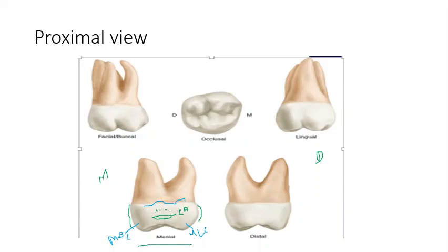Now we will come towards the distal surface. The distal surface is a bit shorter than the mesial aspect. It also shows hardly any curvature in the cervical line, and it has the same buccal and lingual outlines.